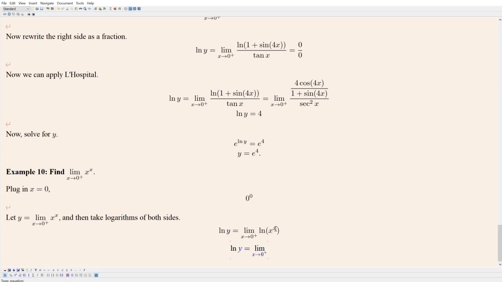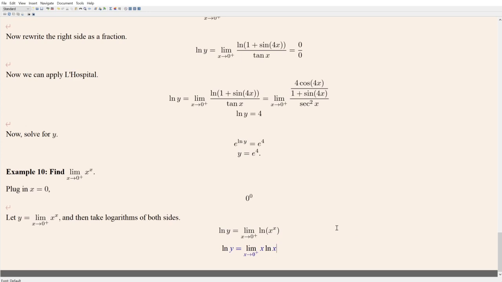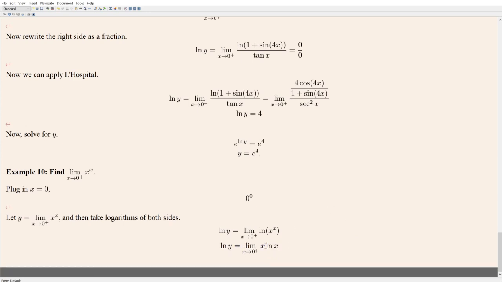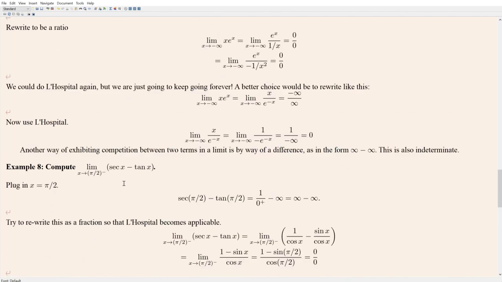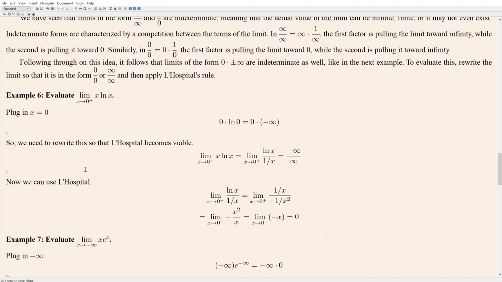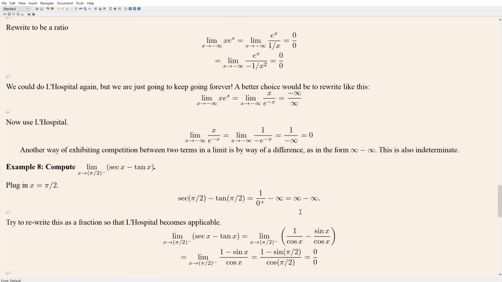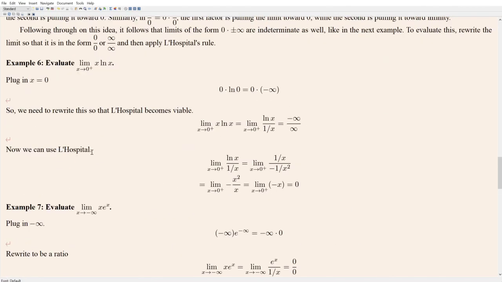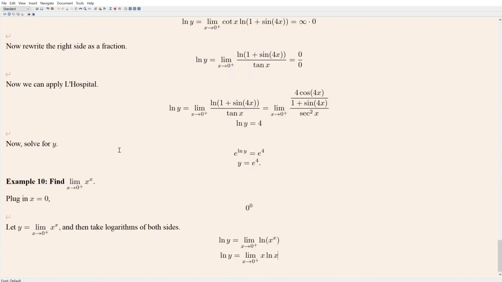Now, use the laws of logarithms to take this x and move it out front. And, oh hey, I think we've seen this one already. Limit as x goes to 0 of x log x. Yeah, there it is. So we've already established that this is equal to 0. So we don't have to go through that again. So that was example 6.